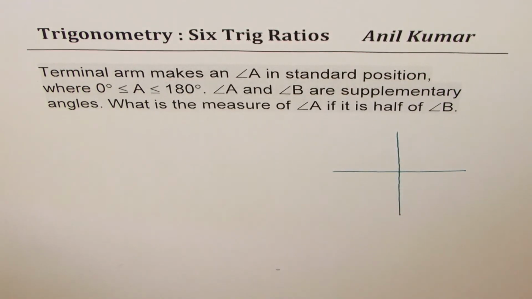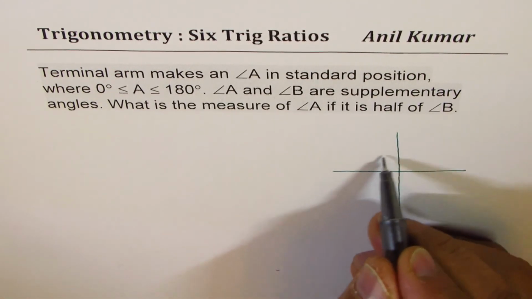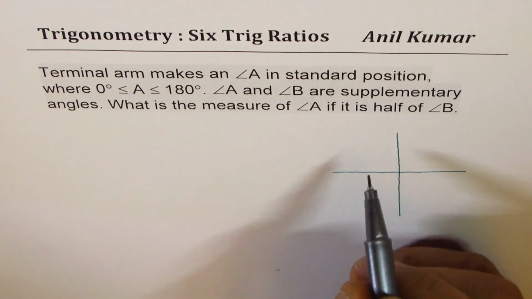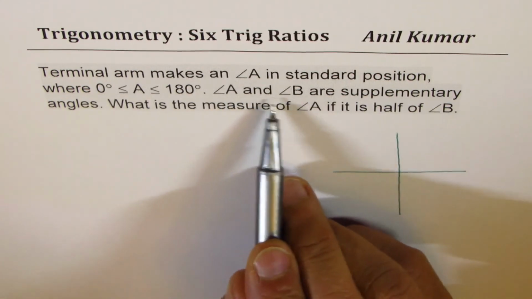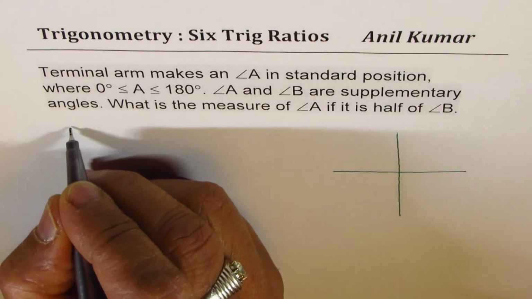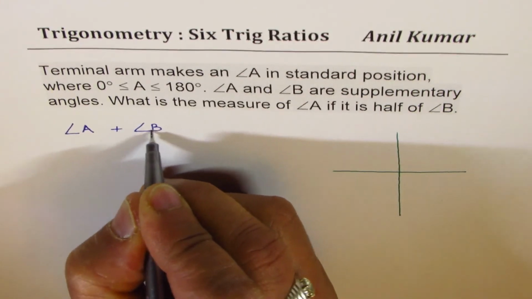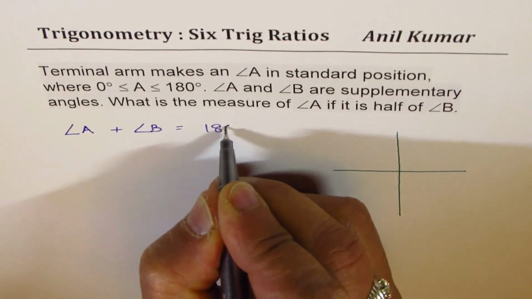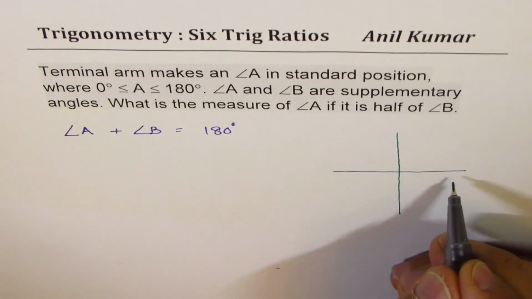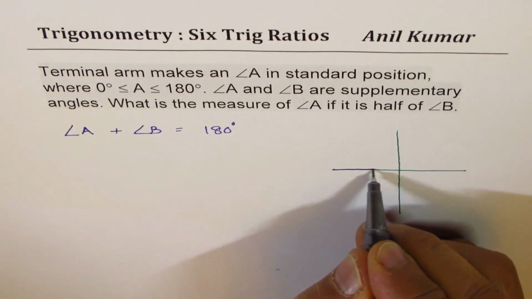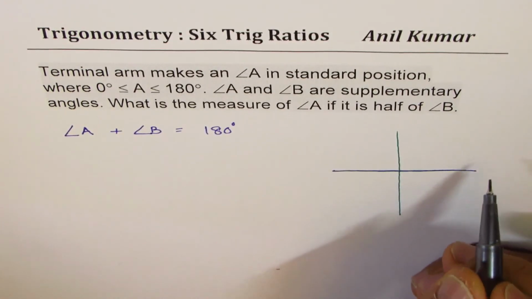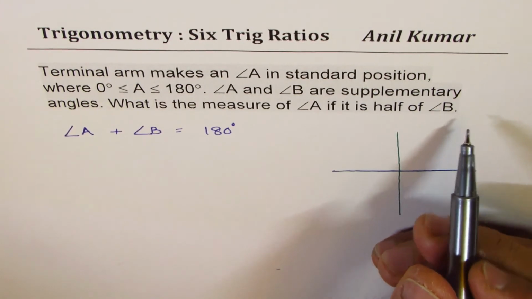So let's sketch it. So angle A is somewhere in between. What we are saying is the combination of A and B is supplementary. That means angle A plus angle B is equal to 180 degrees, right? So they form a straight line.